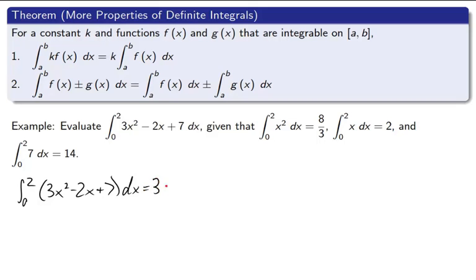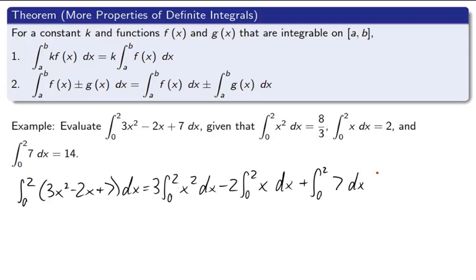I get 3 times the integral of x squared dx minus 2 times the integral from 0 to 2 of x dx plus the integral from 0 to 2 of 7 dx. Just simply splitting them apart and bringing constants in front, now I can use these rules.